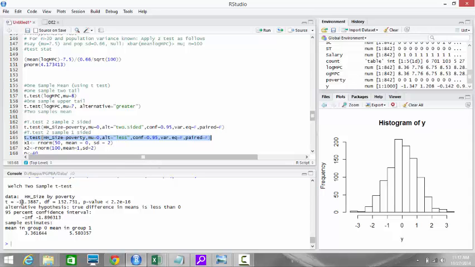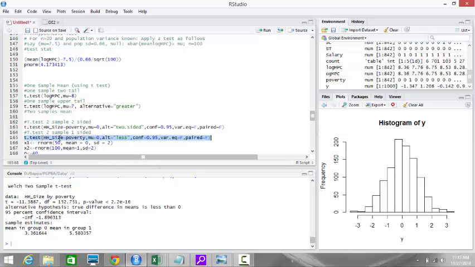There again the test statistic is the same, that doesn't change, only our inference will change. We again find a p-value of 2.20016. So this time our null hypothesis is about the household size of people below the poverty line relative to people above the poverty line.